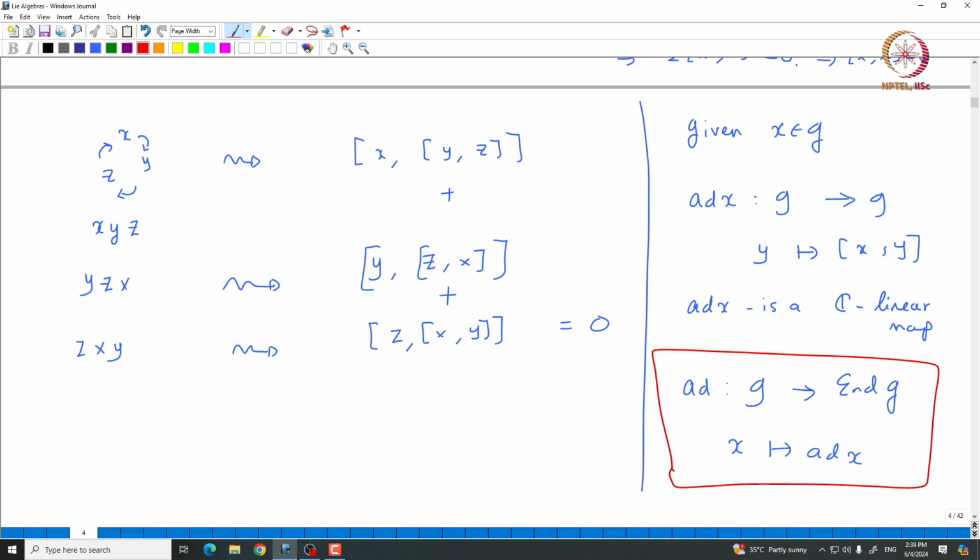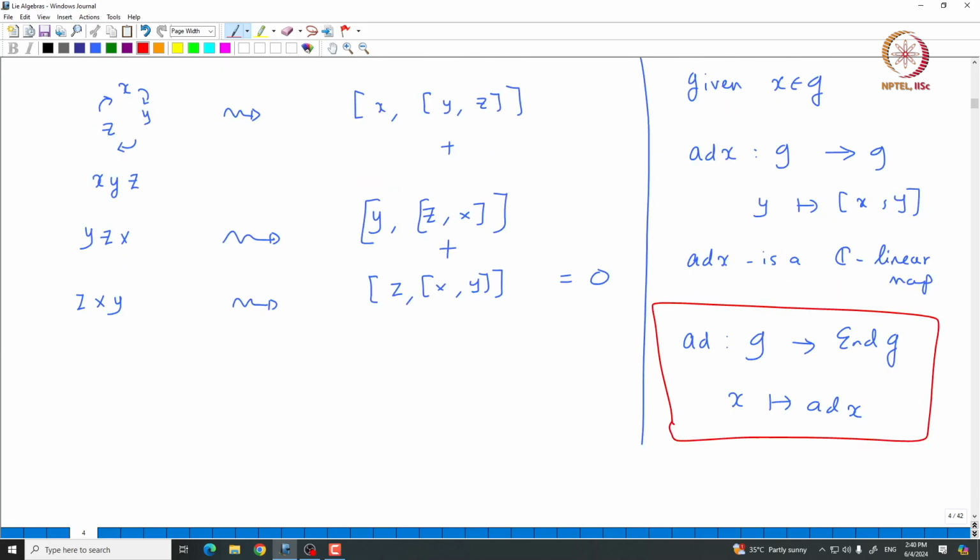So with this map ad x, which is given by y goes to the bracket xy, one can see that the Jacobi identity can be rewritten as follows. The bracket x, yz is equal to the bracket xy, z plus the bracket y, xz.